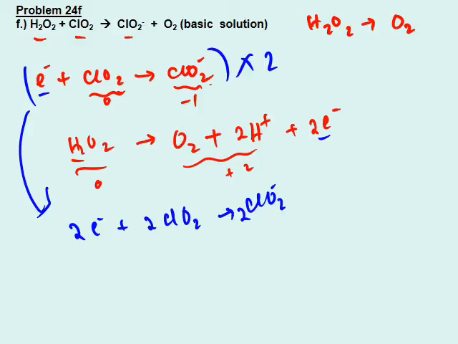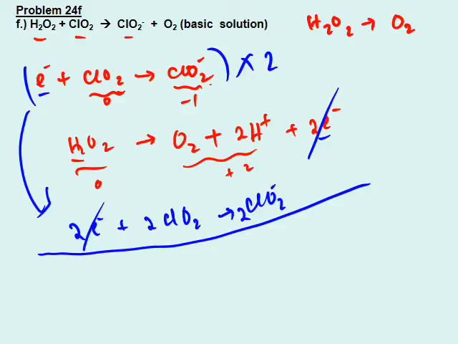I think we are pretty much done with it. So now when you add them up, 2 electrons cancel out 2 electrons, and I would have H2O2 plus 2 ClO2 giving 2 ClO2 minus plus O2 plus 2H plus.